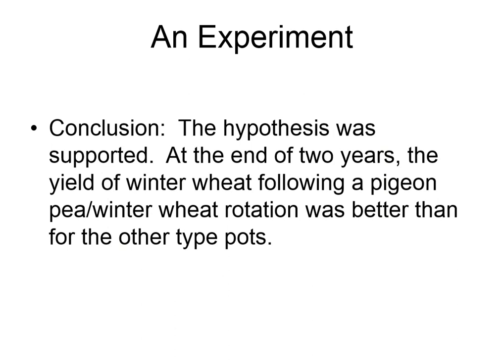So in this case, at the end of 2 years, we see that the yield of winter wheat followed by pigeon pea wheat rotation was better than for the other types. That is for the plot which had no fertilizer, and the plot which had nitrogen fertilizer. And the one with crop rotation was really good.